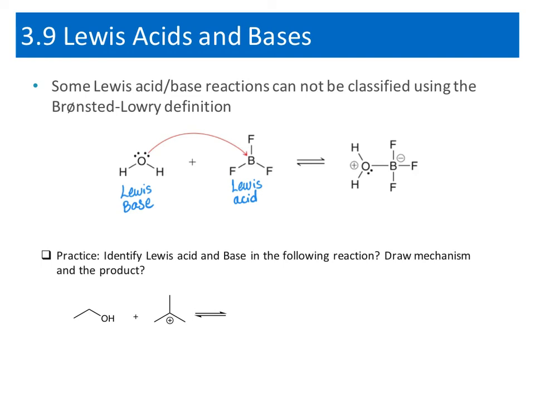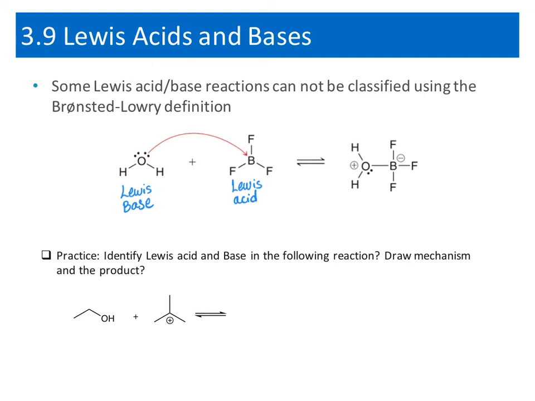So we know that boron doesn't have the octet, it doesn't follow the octet rule, but that doesn't mean it cannot accept electrons. So boron has an empty orbital, it has enough room to accept a pair of electrons. But if you want to use Bronsted and Lowry definition here, it's impossible because there is no hydrogen attached to boron, so we cannot use that definition.